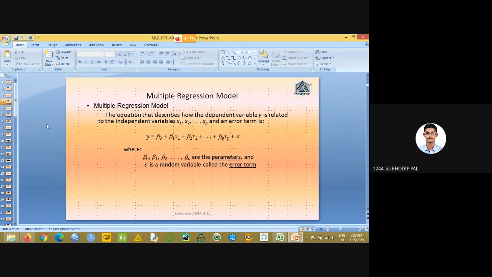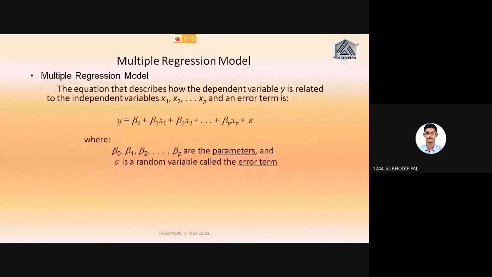So this is how we represent the multiple linear regression model. Y is equal to beta naught plus beta 1 x1, beta 2 x2, and like that it will continue till beta p xp, however you can represent it. However many variables you have, it will continue till that point. And the last term, epsilon, is the error term. There will always be some error if we interpret something from a regression.